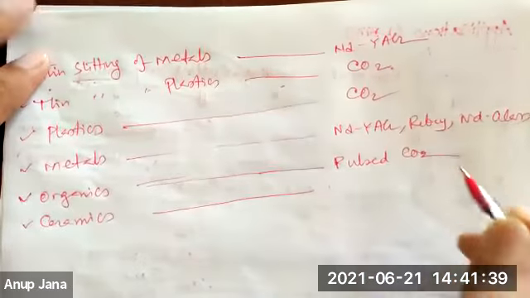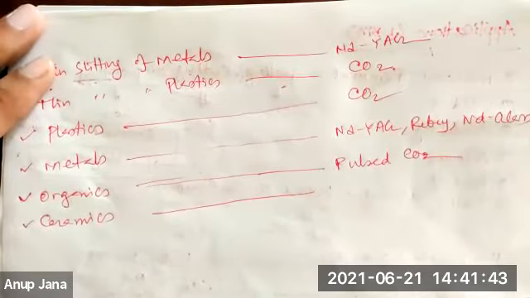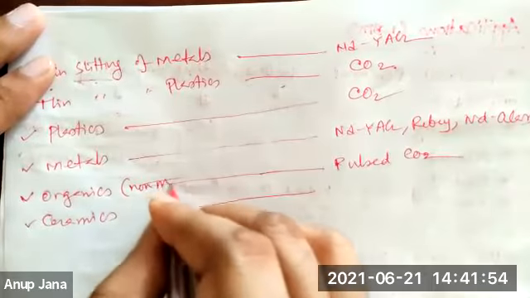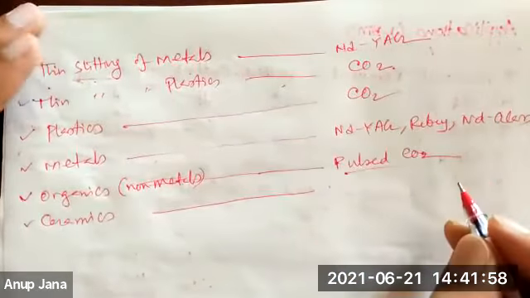I said in general, we will give continuous supply in CO2 kind of laser. But in case of organic or non-metals, you can write non-metals also, we use pulsed CO2 lasers.